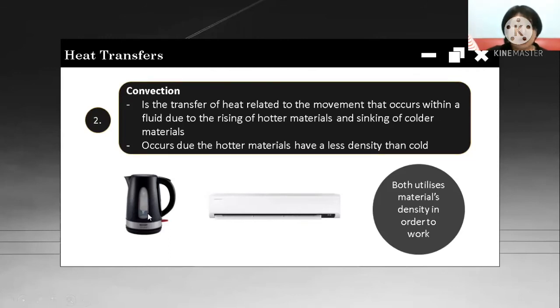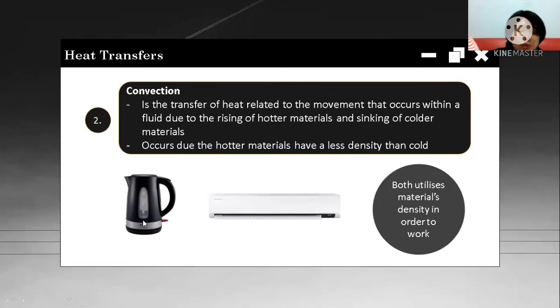So, when we are heating water inside a kettle, the source of heat is from the bottom down here. And since the water in this region is directly touching the source of heat, of course it would be the first thing that starts to get hot. After that, the hotter water would start to rise up and the colder will go down because of density once more.